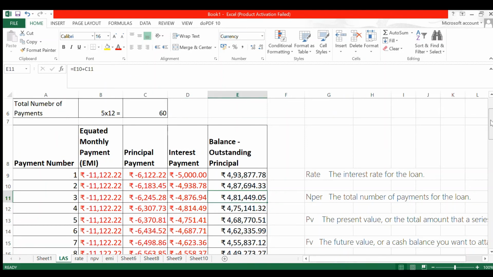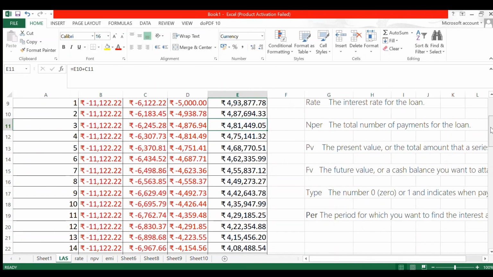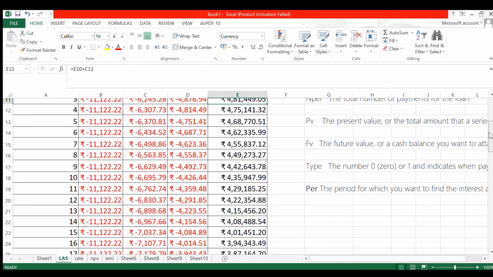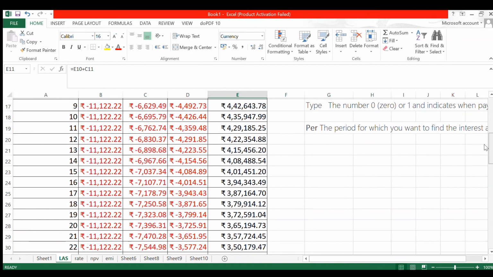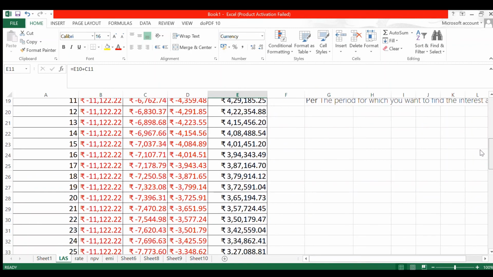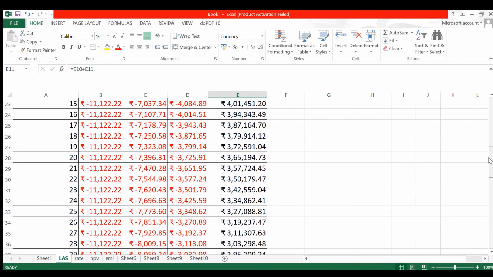So over the months, while the loan matures, the principal payment amount is increasing and the interest payment amount is gradually decreasing.